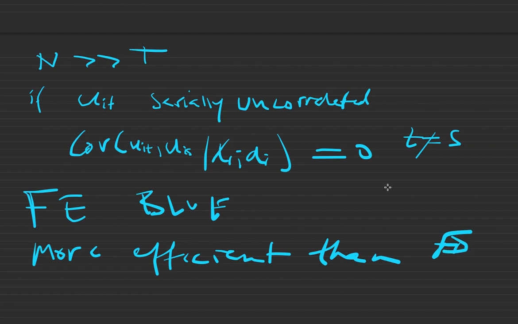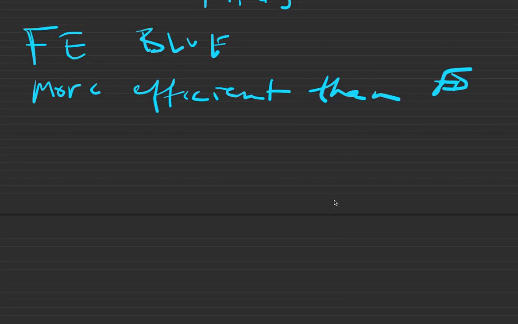So you'll have smaller standard errors by using the fixed effects estimator. But what if this assumption is not valid? There are two potential outcomes.